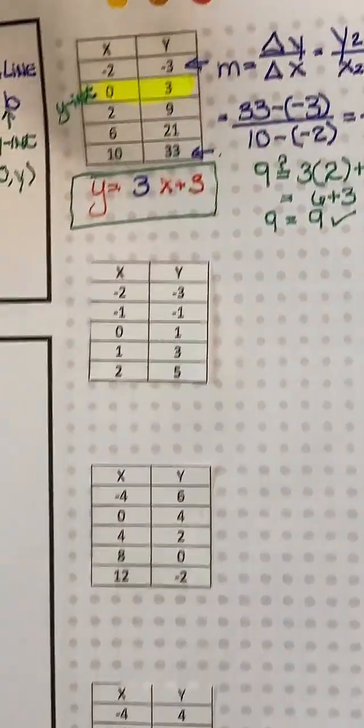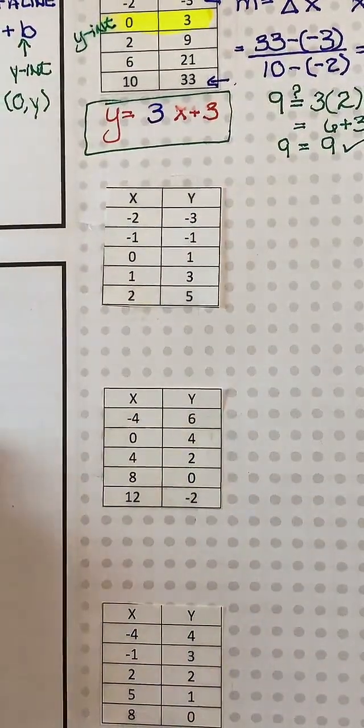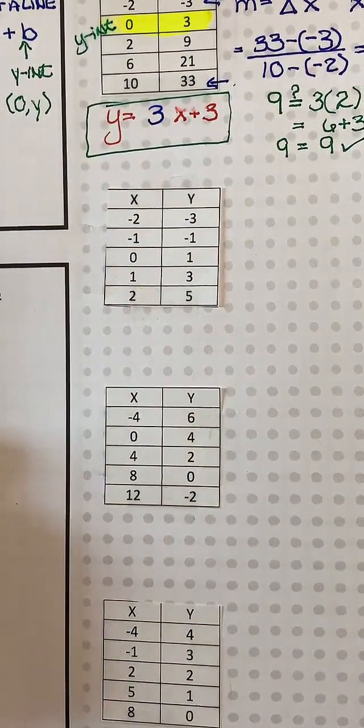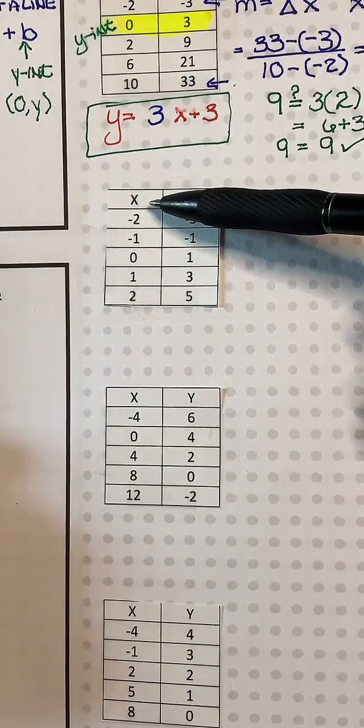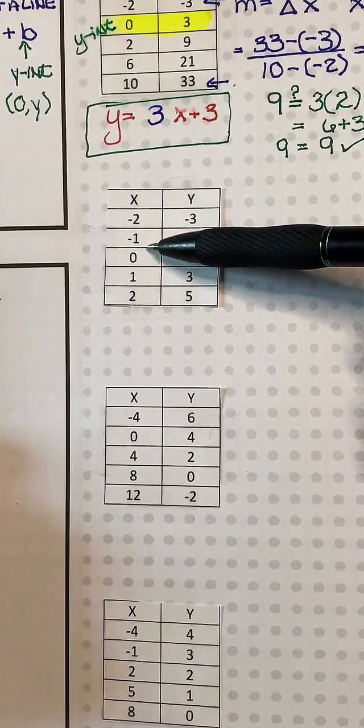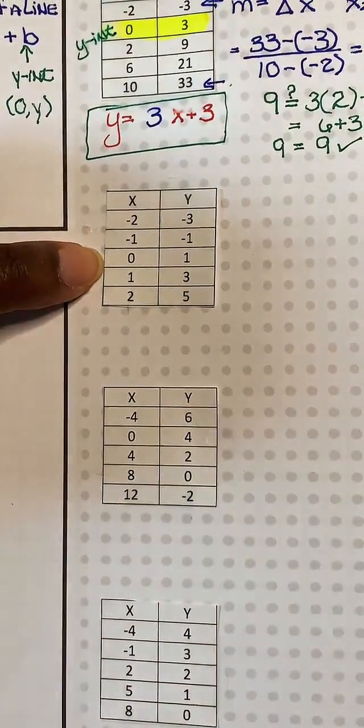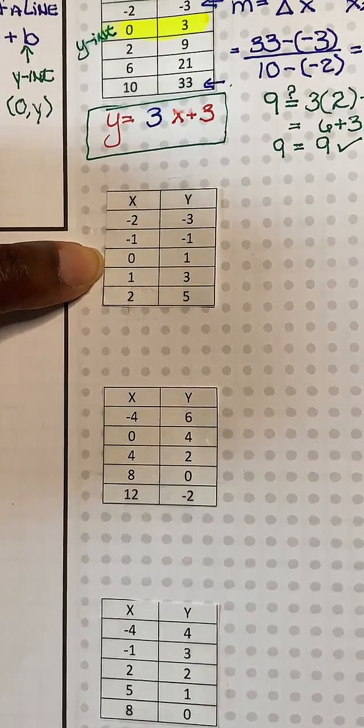All right, so let's try the next one. So we have our table. Taking a look, right away I go to the x column, going down, seeing where the x is 0. So that means my b is going to be what?